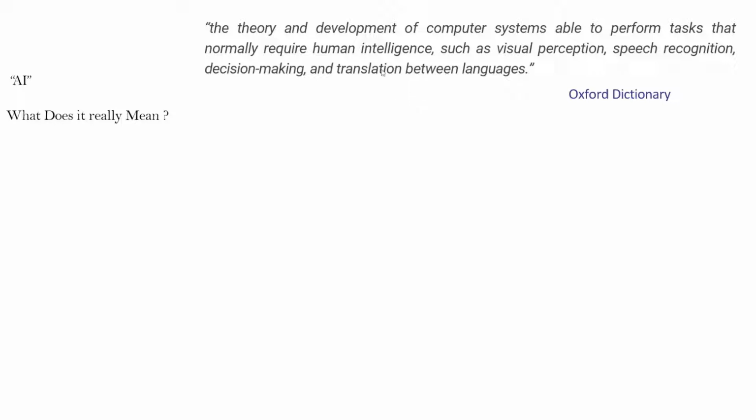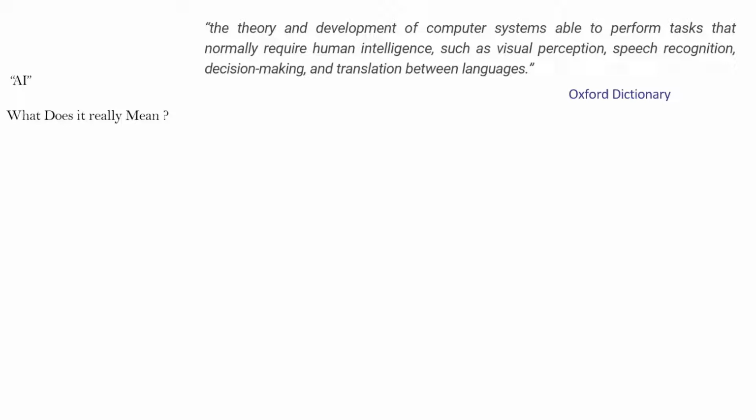It is the theory and development of computer systems which should have the ability to perform tasks that normally require human intelligence. It's not just a normal to-do thing, like if you are clicking on send an email, then the email is getting sent. Not like that, but some human intelligence is also required.